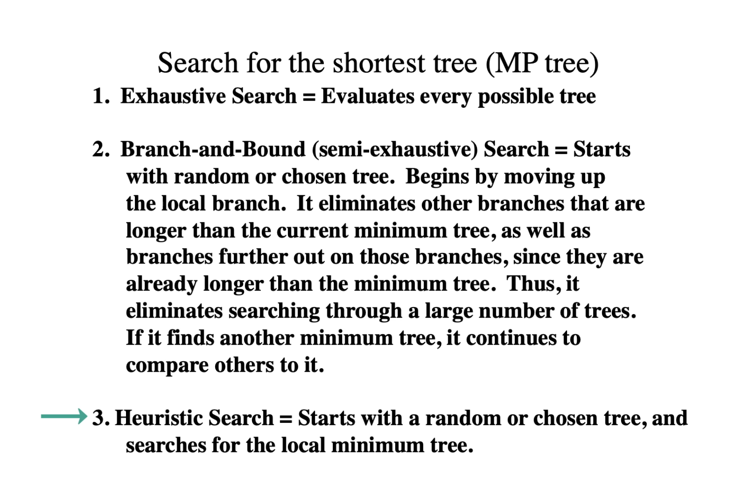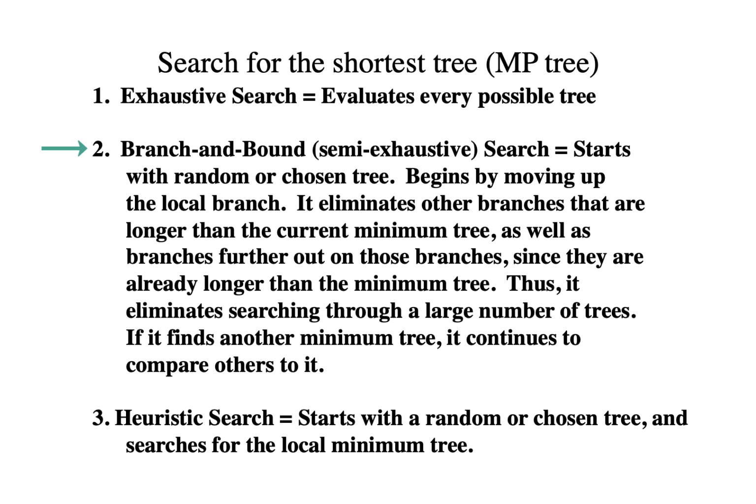In the case of a heuristic search, it just selects a random tree, one of the random ones that it's already put together, and then starts from there and looks for a local minimum, that is a more parsimonious tree that surrounds the one that's there, and keeps moving out until it finds a most parsimonious tree in that area. So in many cases it'll find the correct tree, but in some cases it will not be able to find those.